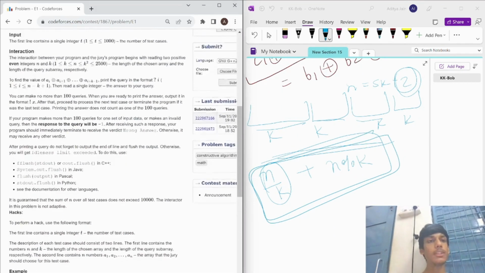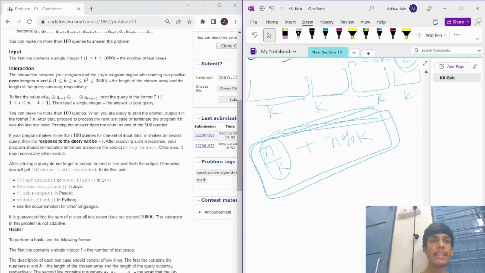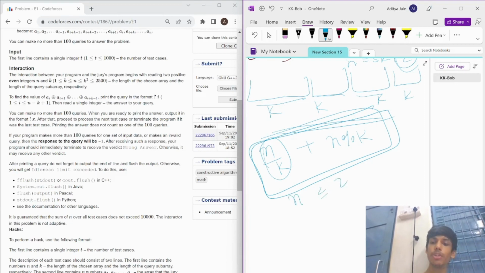Now if you see the constraints, n can be maximum what? n is less than or equal to 2500. So n can be 2500. K square is less than or equal to 2500 and it's greater than or equal to n.